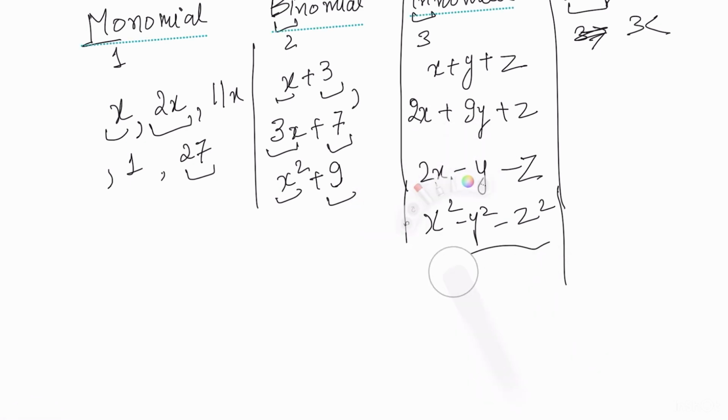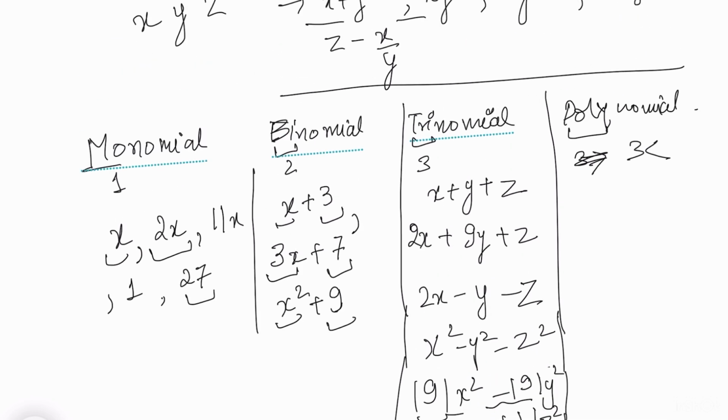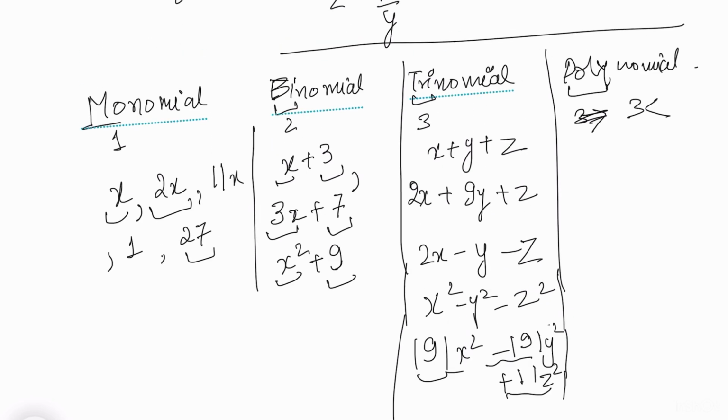And 191 x square minus 191 y square plus 11 z square, again you have 3 terms, right? So these are trinomials. Polynomials are those in which you have more than 3 terms. Any number of terms can be there.